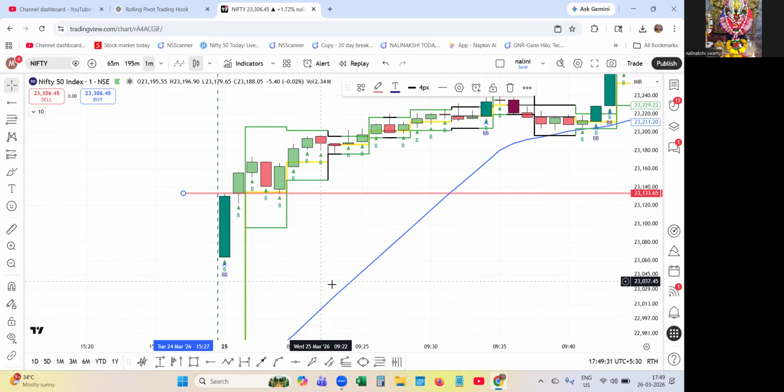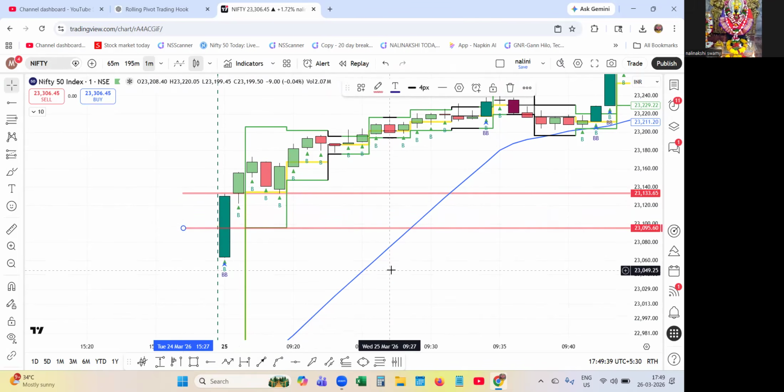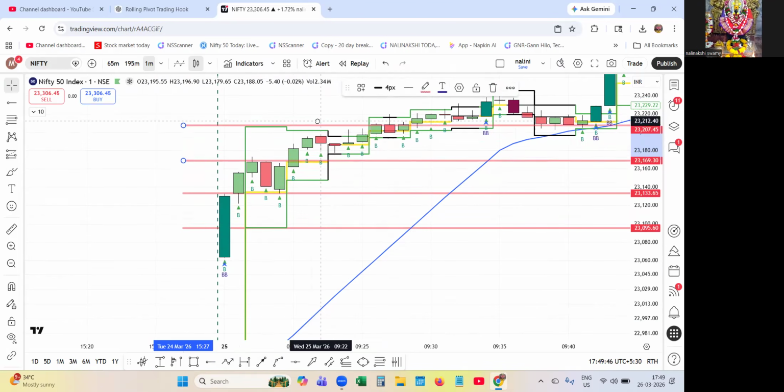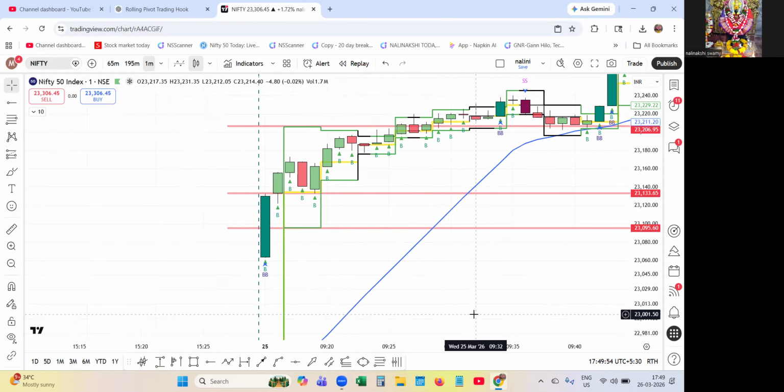What I do is put a line on the pivot, a line on the support, and a line on the resistance. Let me take out this one, it has come extra.